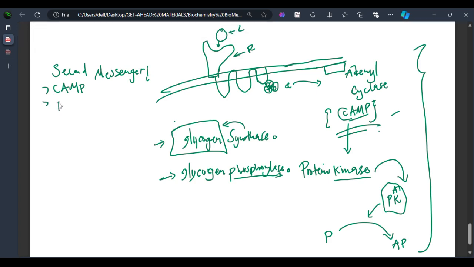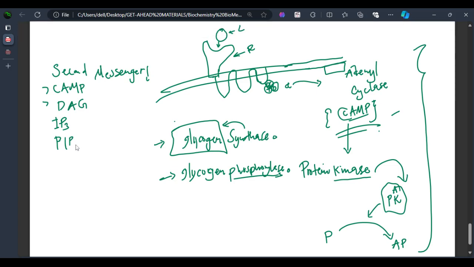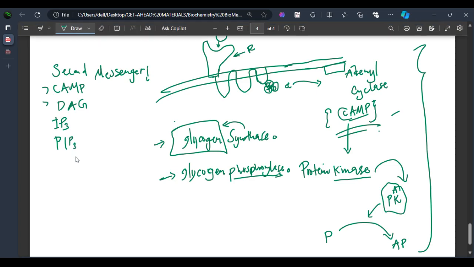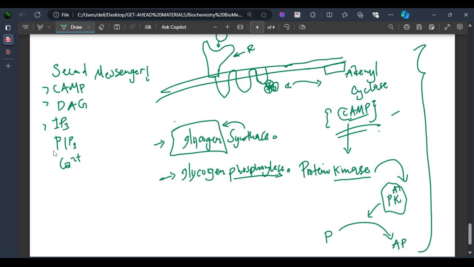We also have inositol triphosphate. We also have phosphatidylinositol 4,5-bisphosphate. And calcium as well. So these are basically the second messengers that you have to take note of, and how they act.